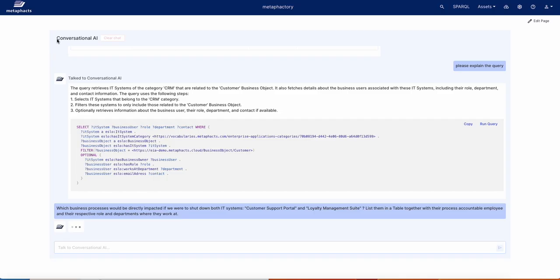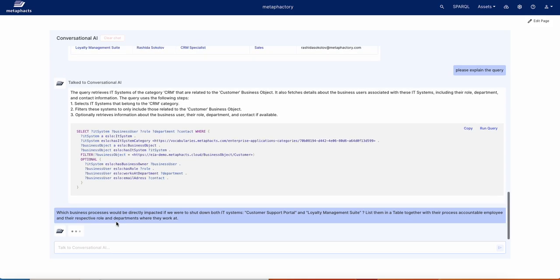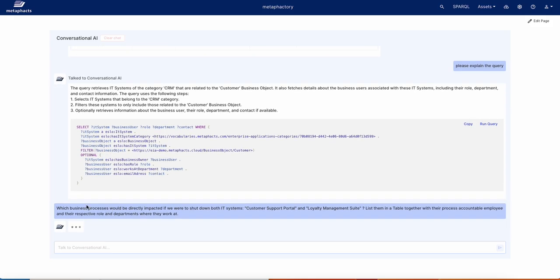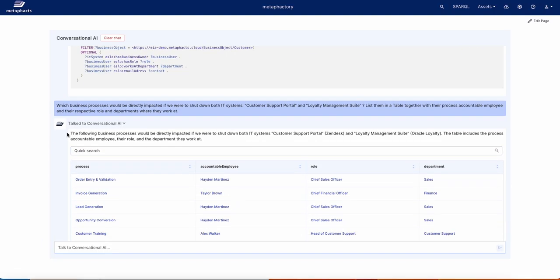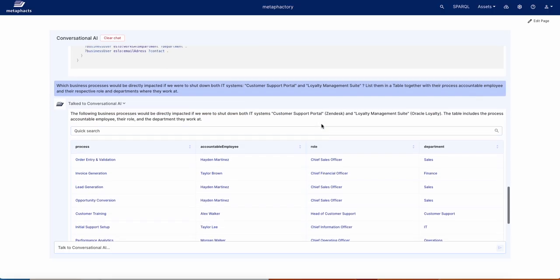So obviously, as this is a very complex question, it will take a couple of seconds to answer, as it needs to link different entities and it also needs to query different domains within the model. So here we can see the results, also with a natural language declaration that the following business processes would be directly impacted if these two apps were shut down.